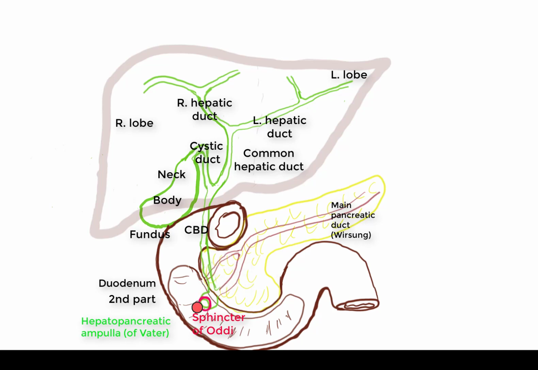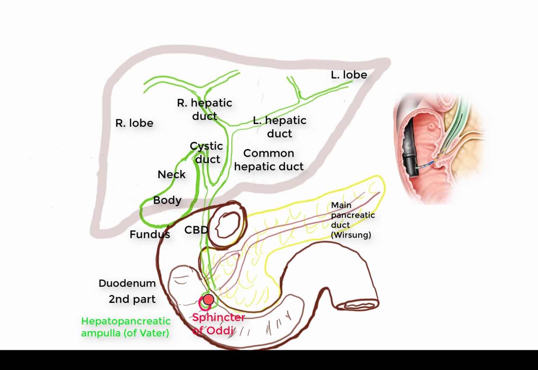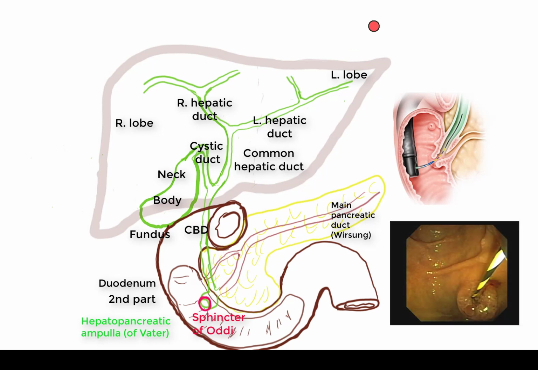Sometimes a catheter is passed through the major duodenal papilla, and this is done under direct vision by passing an endoscope through the mouth, esophagus, stomach, and duodenum until it reaches the second part of the duodenum. Then the catheter is pushed through the endoscope retrogradely into the biliary passages, and a radio-opaque material is injected to reveal these passages.